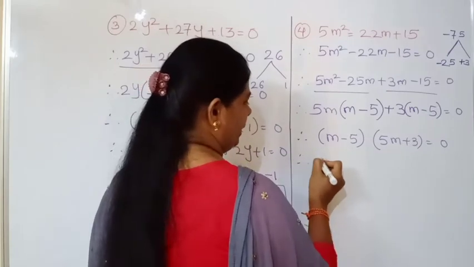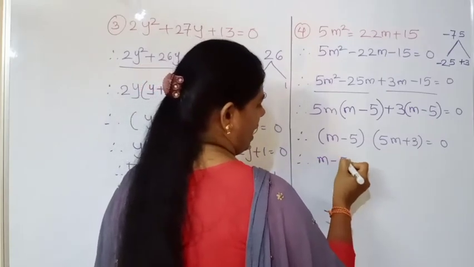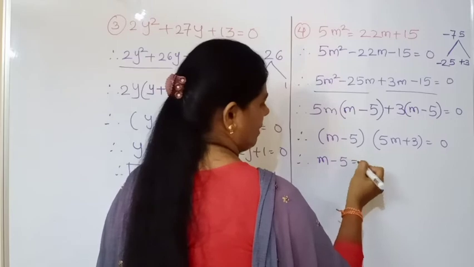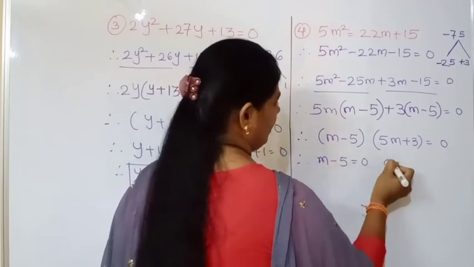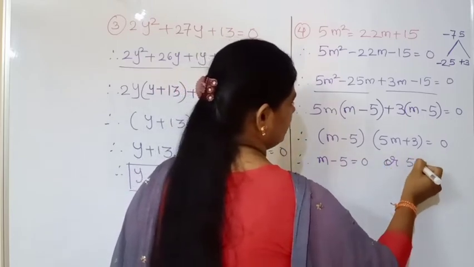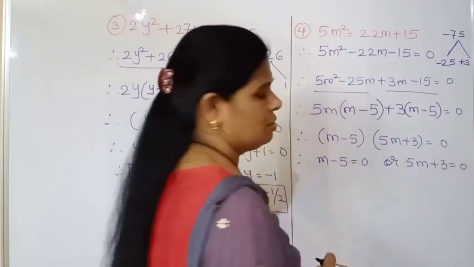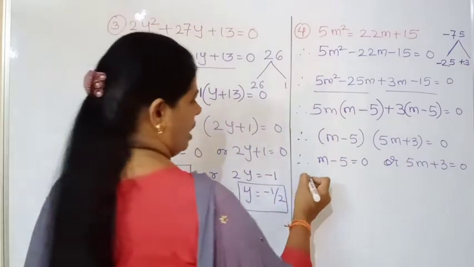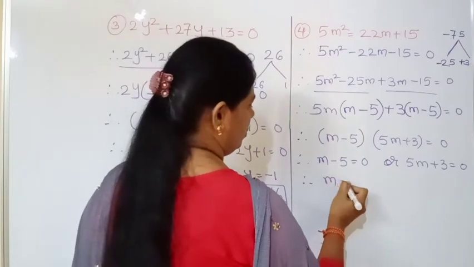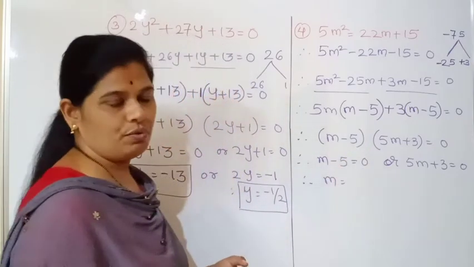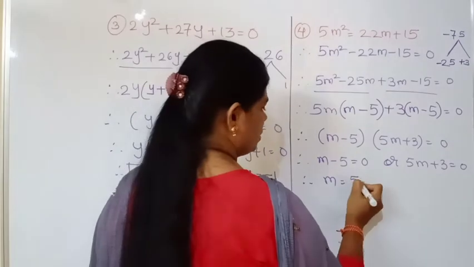Then we will split into 2, that is m minus 5 equal to 0 or 5m plus 3 equal to 0. So now m equal to minus 5 will shift towards 0, it will become plus 5.